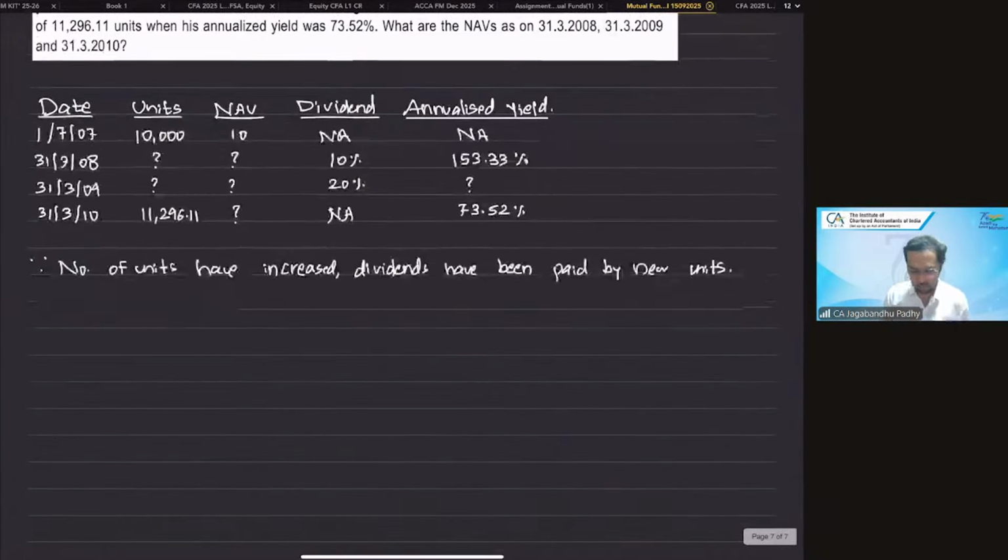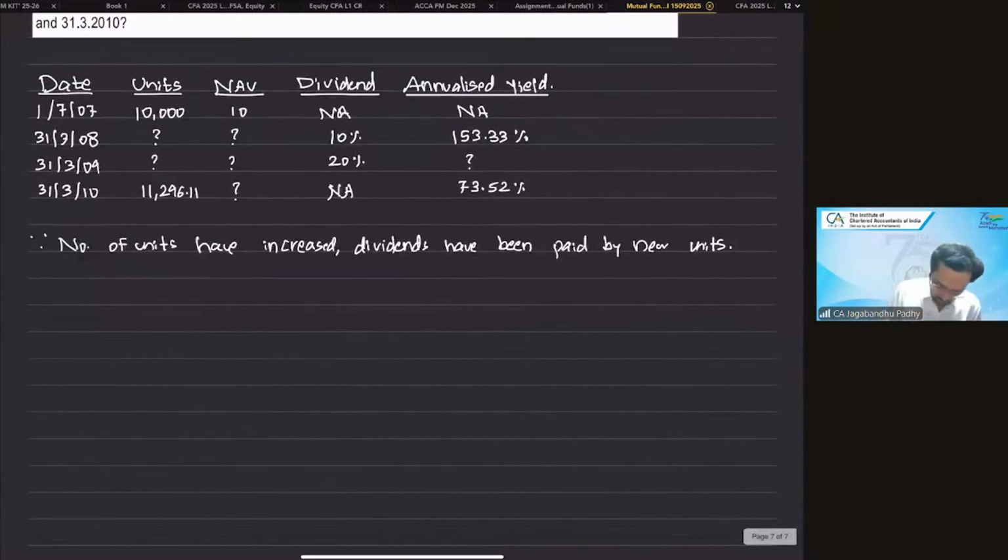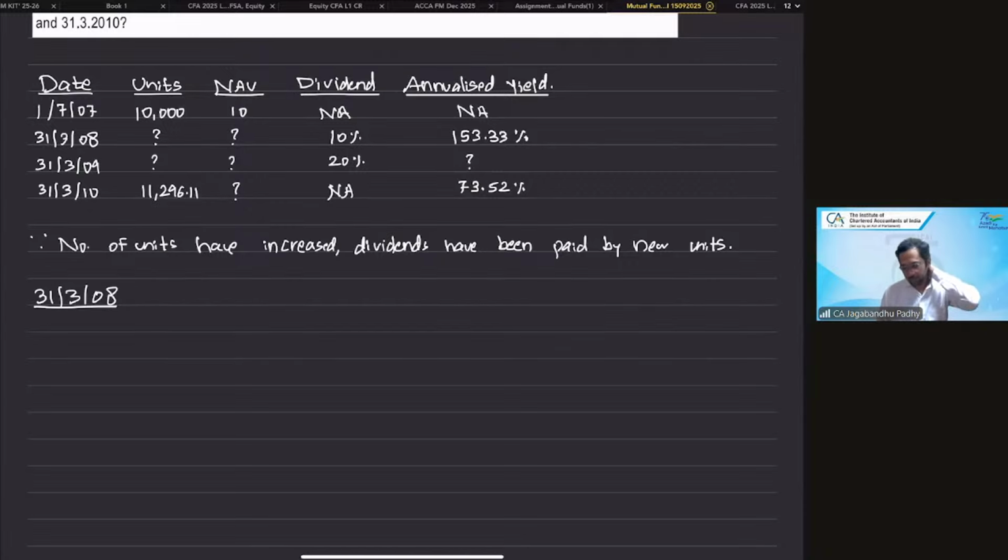Okay, so let's do the calculation year by year. As on 31st March 2008, when your annualized yield was 153.33%, at that time, we know the dividend percentage is 10%.